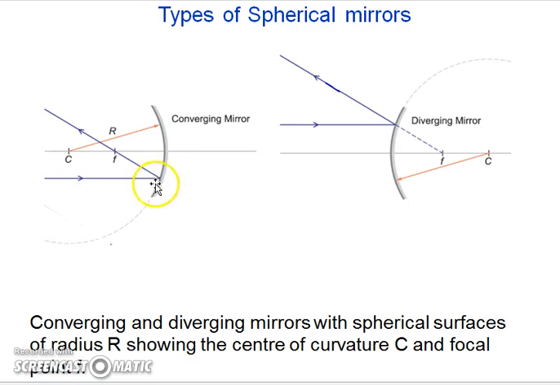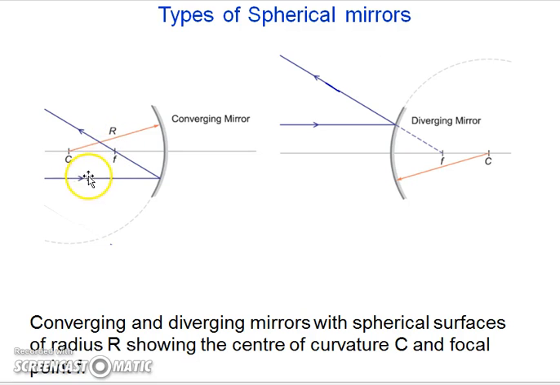This converging mirror, or for that matter diverging mirror, is a part of a bigger sphere, a bigger circle. The center of the circle is C, which, if you remember from the earlier slide, is called the center of curvature. This is the center of that bigger circle or sphere, of which this converging or diverging mirror is a part. So I want you to pay attention to this here. You can draw a big circle or big sphere.